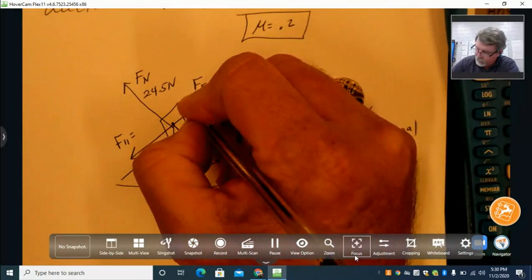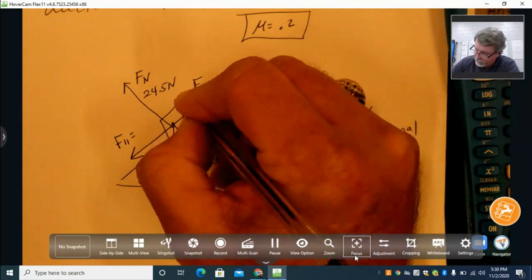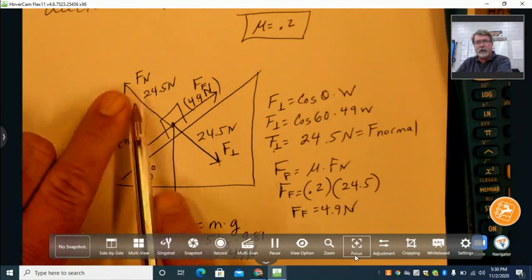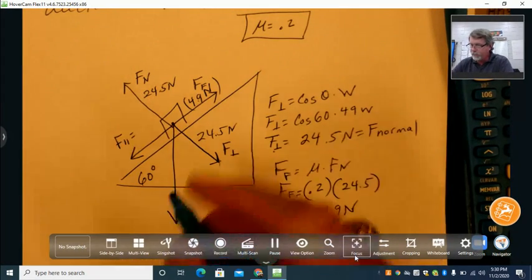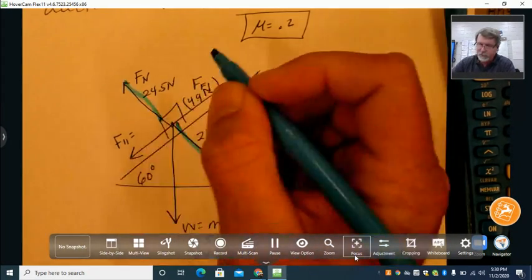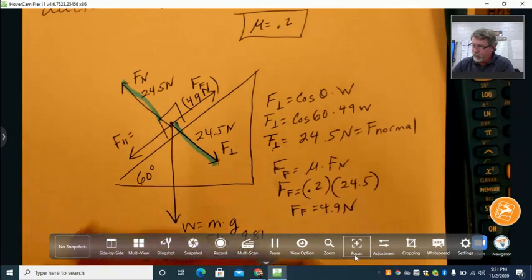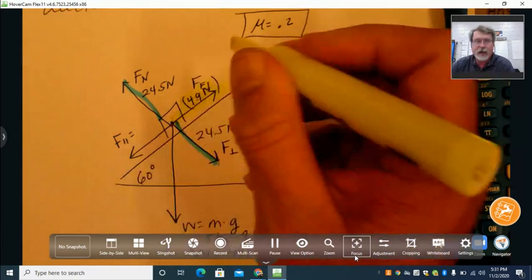So we know these forces, force perpendicular and force normal, are equal but opposite. Those are equal and opposite forces. They balance each other out.